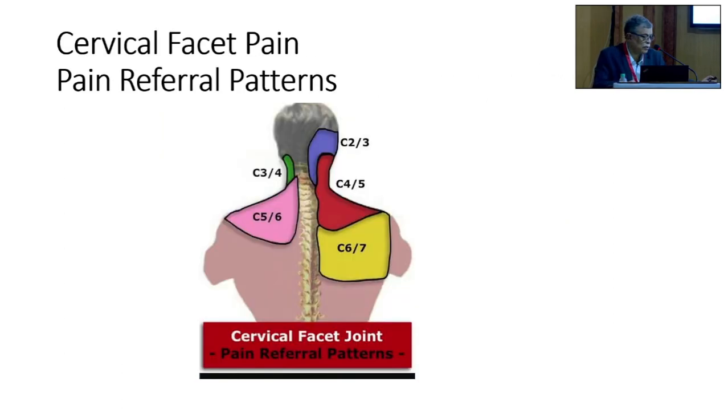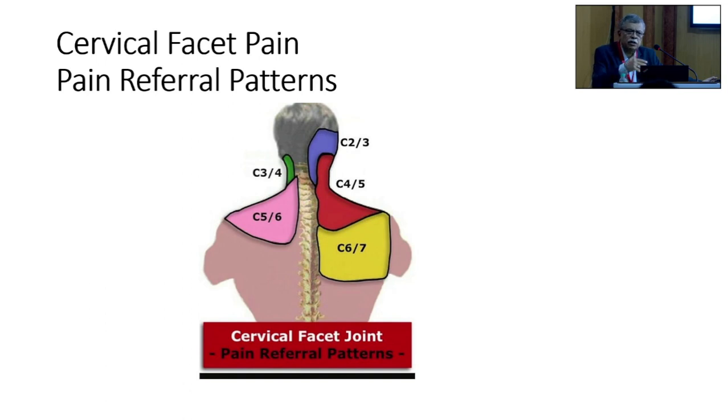Now this is what I was talking about, the referral pattern. You may have the pain referred to C2, C3 from the C2, C3 facet joints; C3, C4 is the side of the neck, the commonest presentation. C4, 5 can even go down up to the scapula, and C6, C7 facet pain can go right below the scapula too, and this is the area of C5, C6.